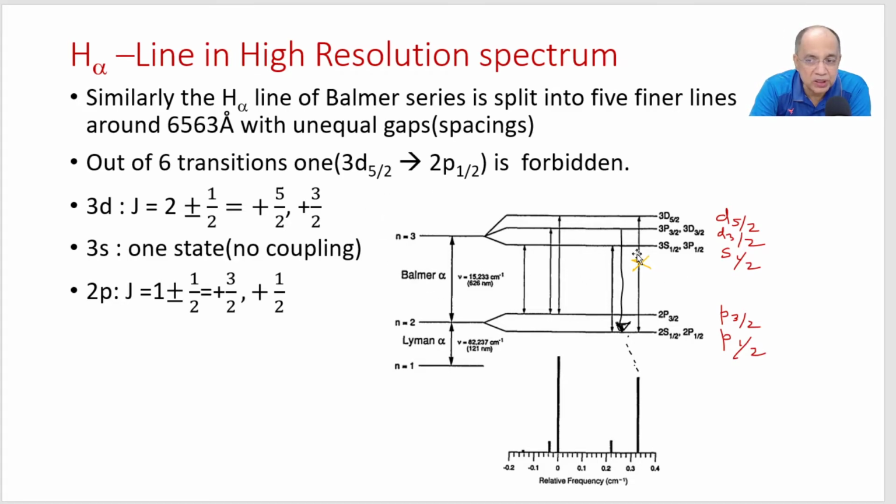So we consider the 3D, what happens to the J values, and 2P, what happens to the J values. Now since the d orbital is 2, then 2 plus minus half, so plus 5 by 2, plus 3 by 2, this is the J value, the subscript.